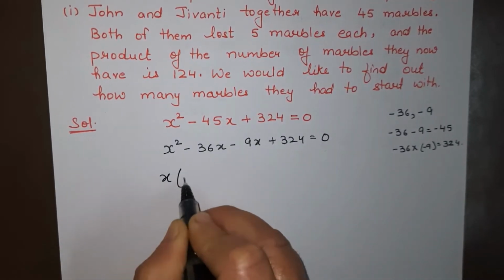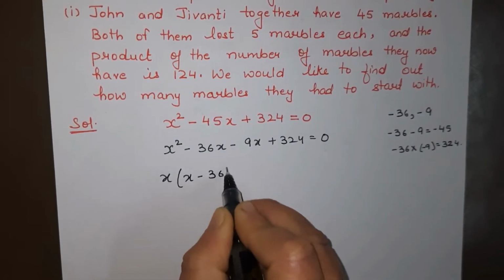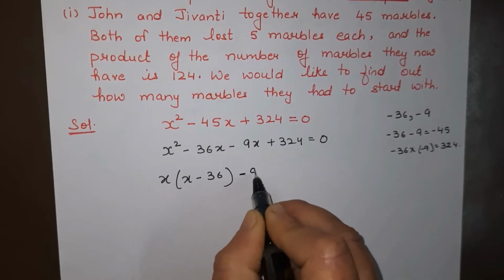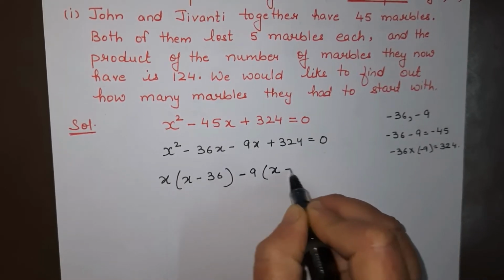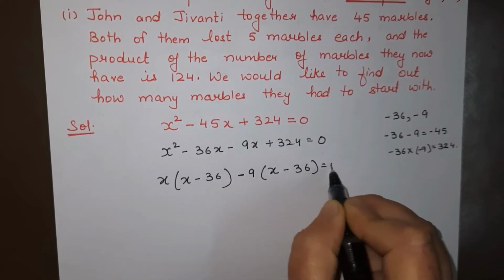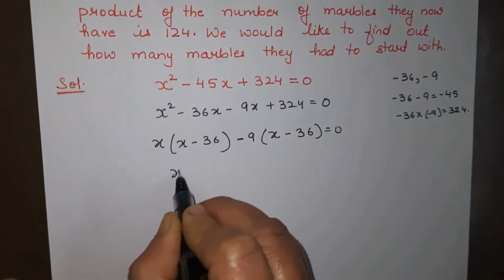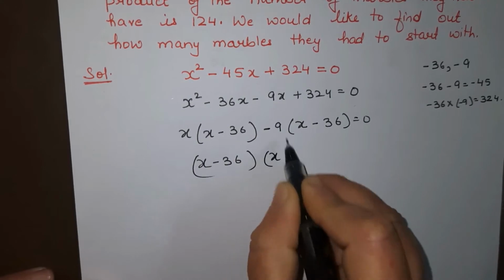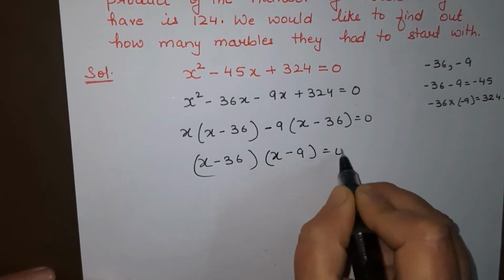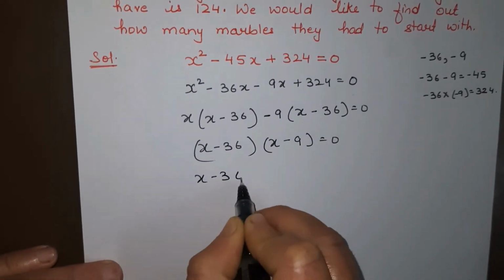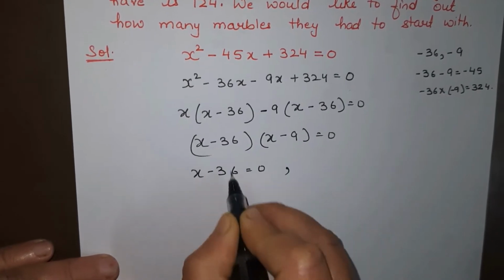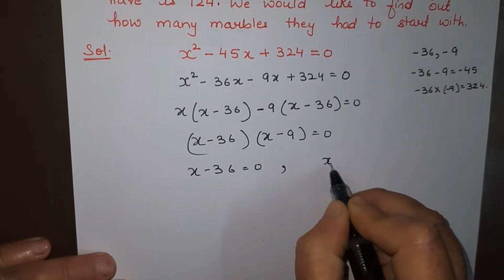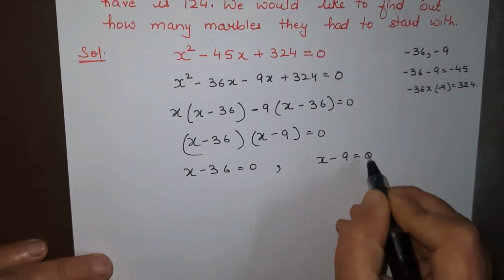So x is common, x minus 36, and from the next two terms minus 9 is common and we will get x minus 36. So from these two terms x minus 36 is common, from here x is left and from here minus 9 is left. So we can put both these terms equal to 0, that is either x minus 36 is 0 or x minus 9 is equal to 0.